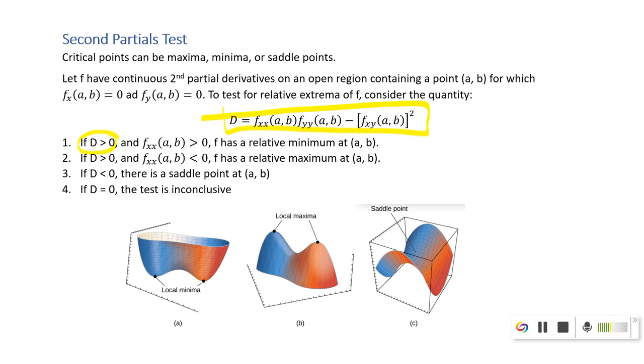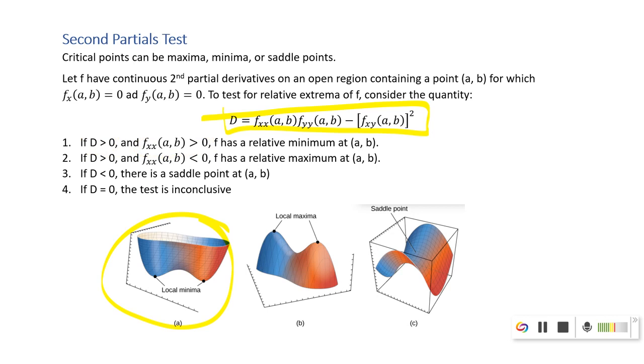Case 1: if the D value is positive and our second partial with respect to x is positive, then we have a local min. This is analogous to the case where if you had a function that was concave up at a critical point, we said it was a min.